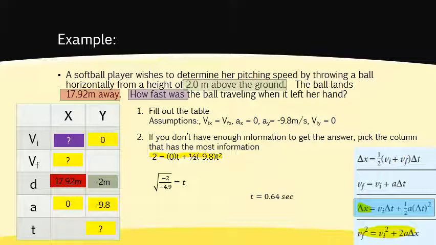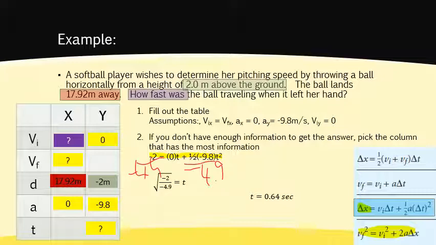If I multiply 1/2 and negative 9.8, I get negative 4.9. So what I did was I divided both sides by negative 4.9. And so that's why it looks like that.